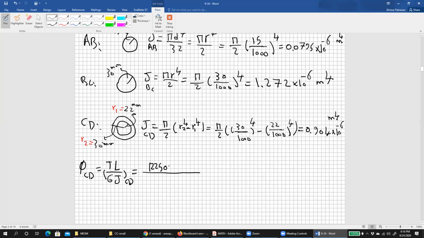What is L? 0.6 meters. Yeah, 0.6. And J, we find J here, right? 0.9. Right?